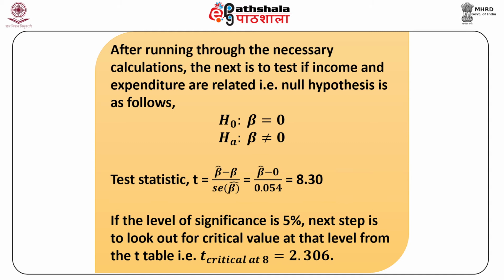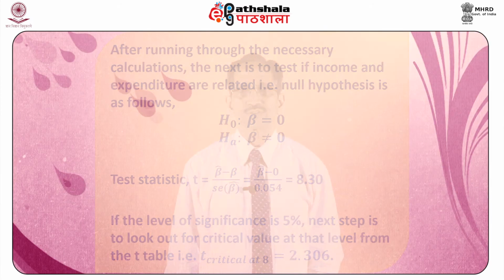In this case, the test is statistically significant. Hence, we can reject the null hypothesis. It simply means that the probability that the difference between beta hat and 0 is due to mere chance is less than the level of significance, and thus we can easily reject the null hypothesis.